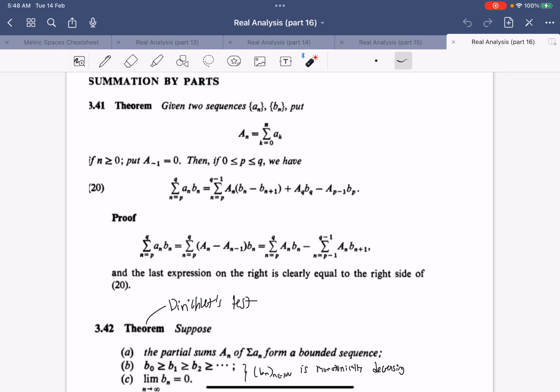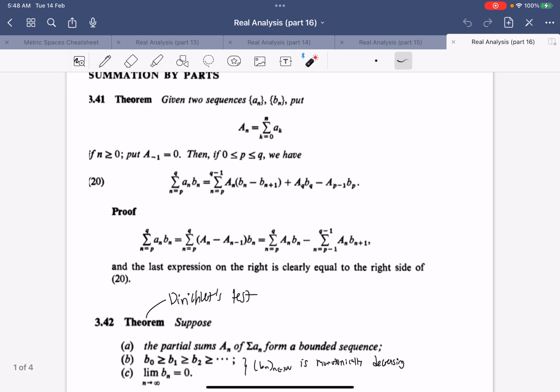And really it's because a_n equals capital A_n minus capital A_{n-1}. And so then you just need to multiply in and rearrange the terms to get this following series.